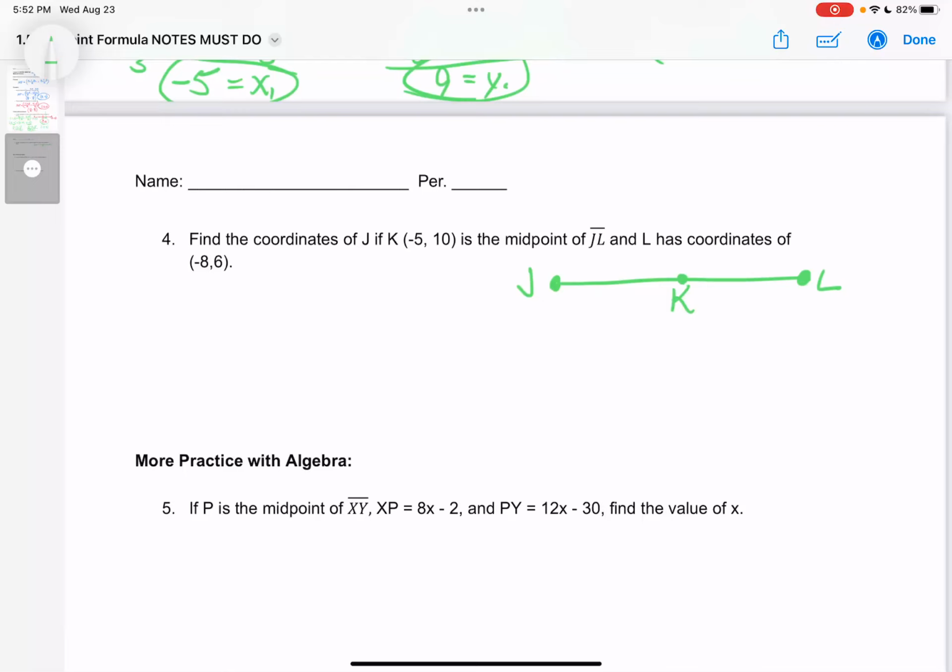So see if you can figure this one out. So this is x1, y1, and then we'll have this one is -8, 6. Actually, I'm going to put it on here, but see if you can pause the video and calculate it.